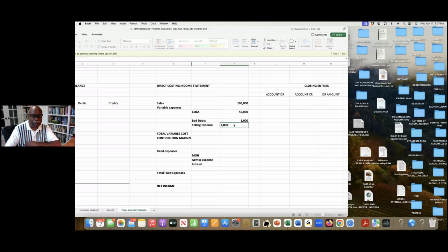I add these up. I now have a total variable cost of 53,000. And so my contribution margin in dollars, sales less the 53,000, is going to give me a 47,000 contribution margin.